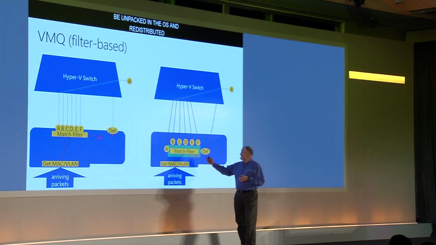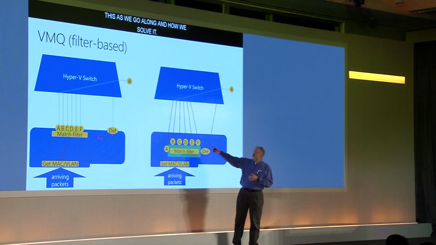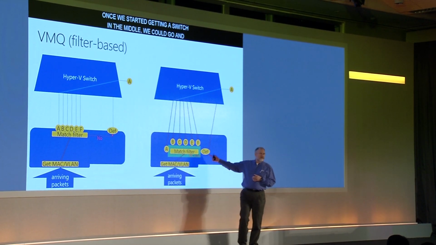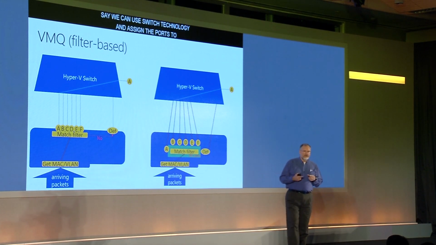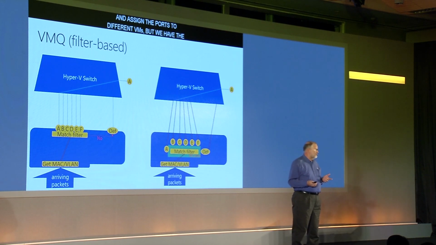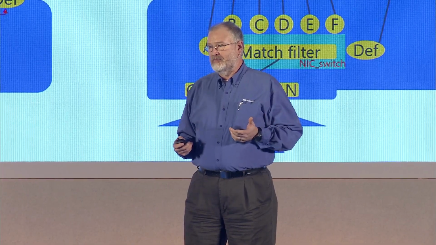Once we started getting a switch in the middle, we could use switch technology and assign the ports of the switch to different VMs, but we still have the problem that if we have more VMs than ports, everybody ends up in the default queue, which is a single queue, and all of those share it.